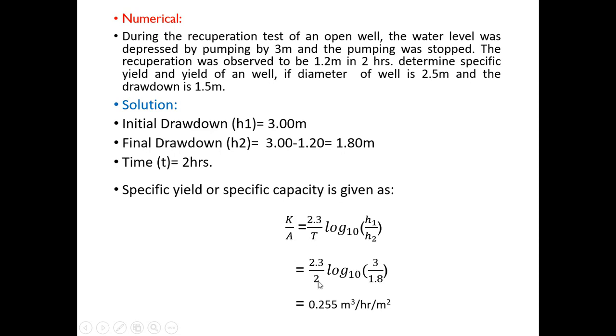So specific yield equals to 2.3 divided by T, which is 2 hours, H1 is 3, H2 is 1.8. After solving this we can get 0.255 cubic meter per hour per square meter. So now we have calculated specific yield or specific capacity, right?